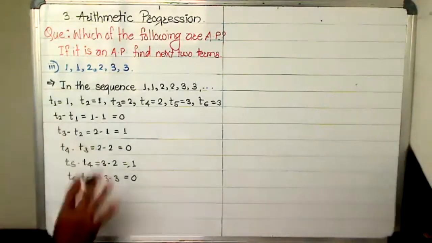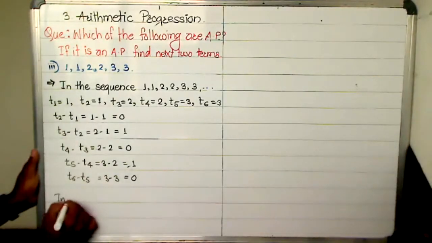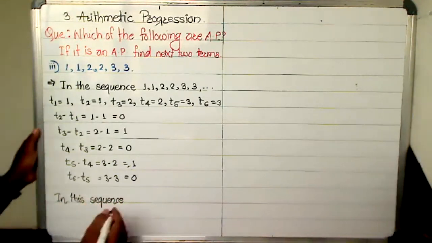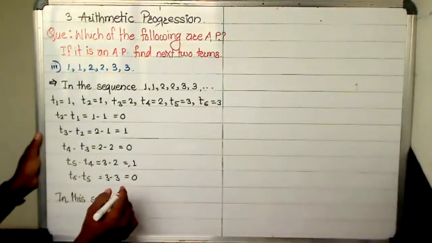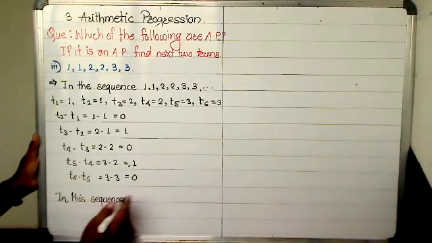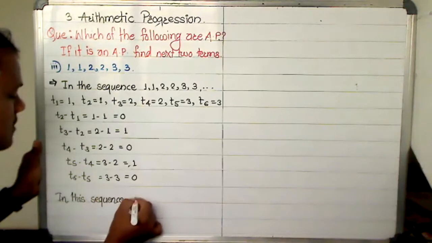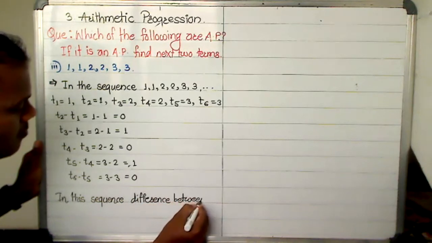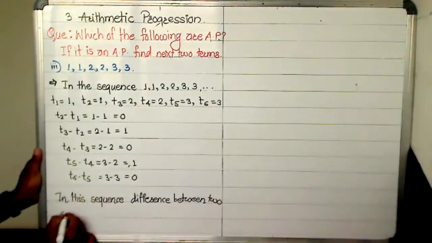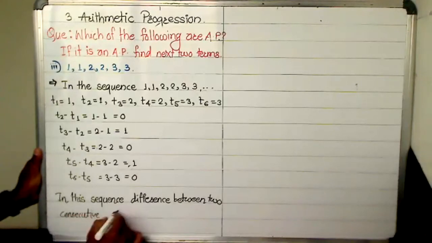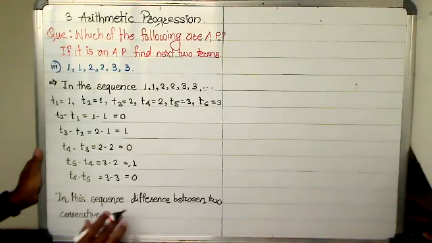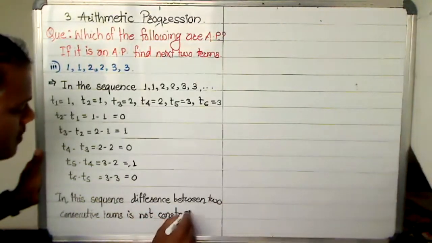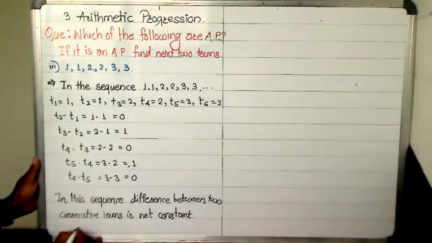So how can we write that this sequence is not an AP? Just simply write: in this sequence, the difference between two consecutive terms is not a constant.